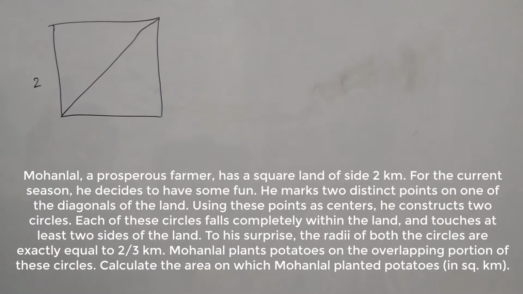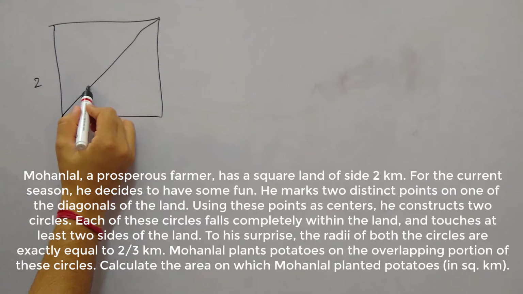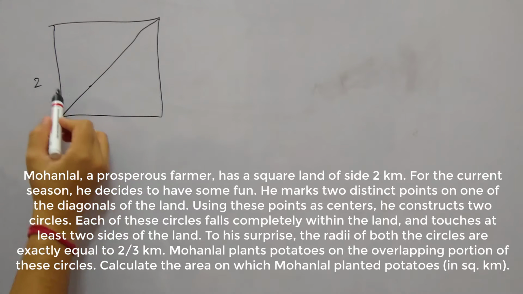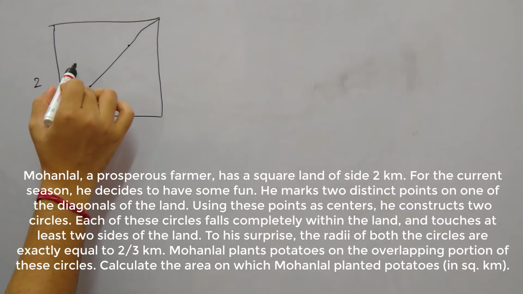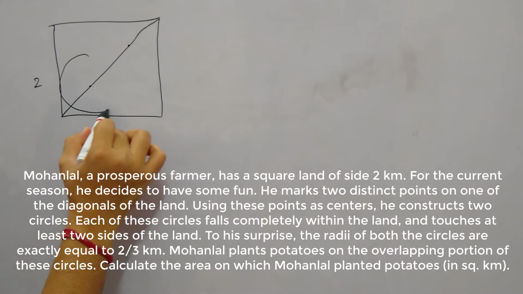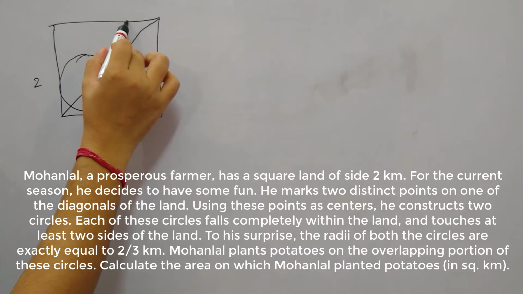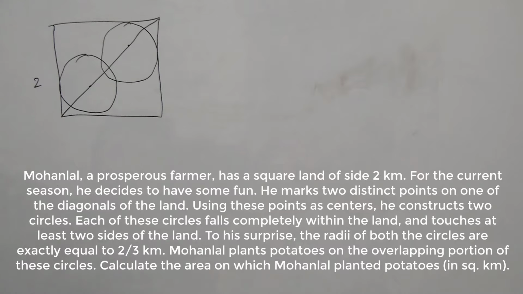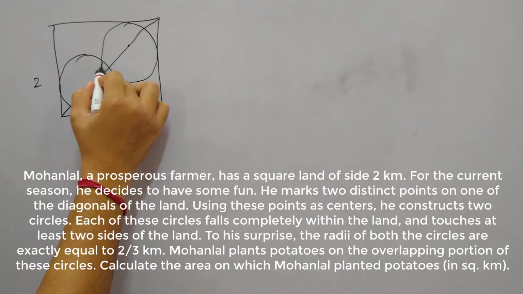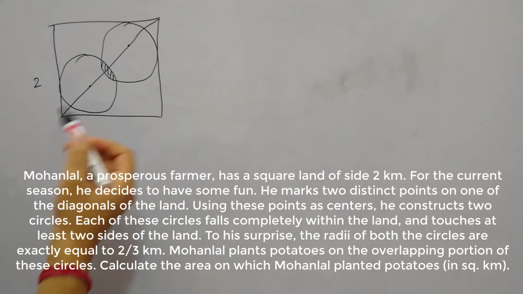So if we draw a circle, let's say this is the point, the circle will touch these two sides, and another circle is here. Let's say these are the circles, and there is an overlapping area.